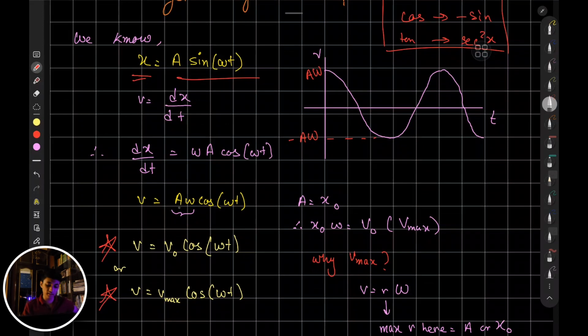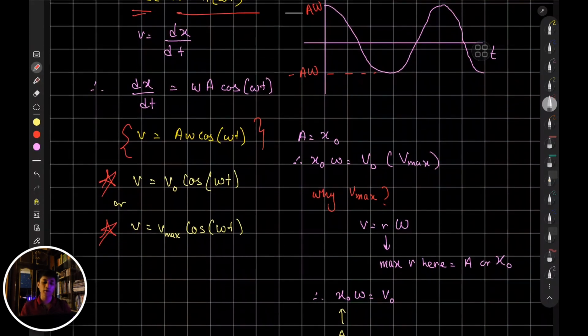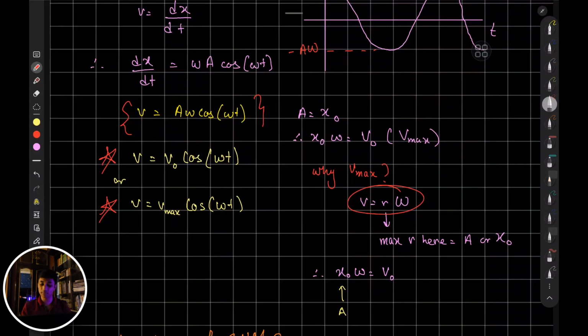Anyways, so we have come across this equation now after taking the derivative. Now, a omega. What is a omega? If you remember the equation for velocity in circular motion, it was given by v equals r omega. You can relate that to over here. What is a?